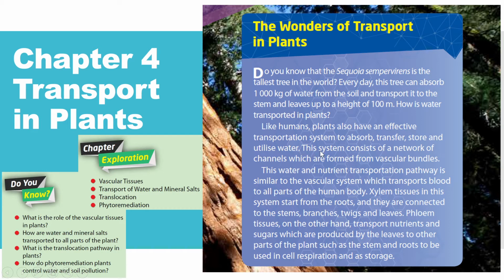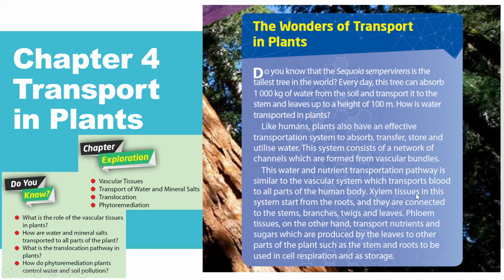This system of transportation that we are referring to consists of a network of channels which are formed from vascular bundles. This water and nutrient transportation pathway is similar to the vascular system in our body. You still remember that our transport system in the body is the blood circulatory system. It is somewhat similar.